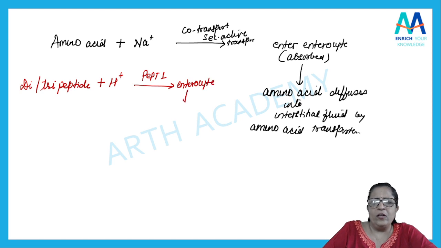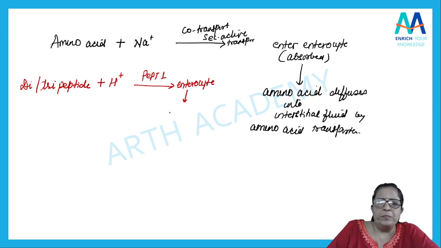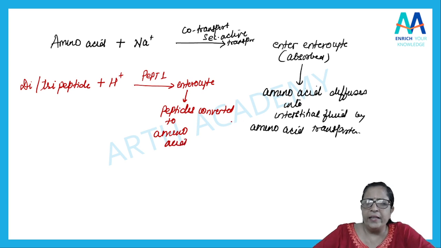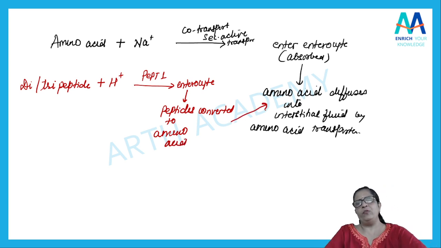Then in the enterocyte, these peptides will be converted to amino acid, and then this amino acid again diffuses into the interstitial fluid by the same way, the amino acid transporter.